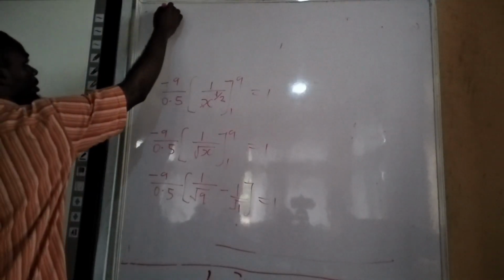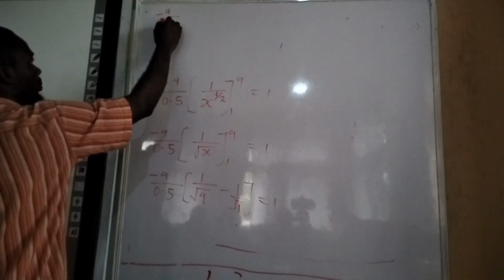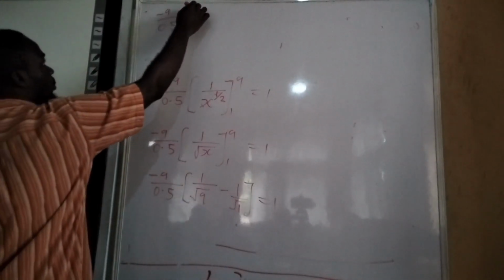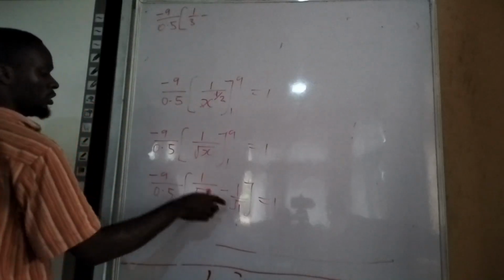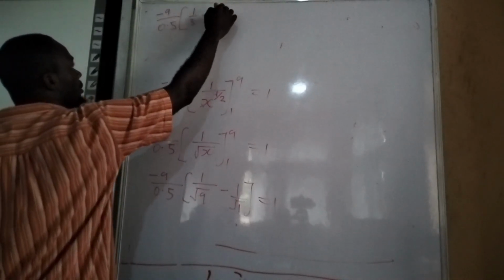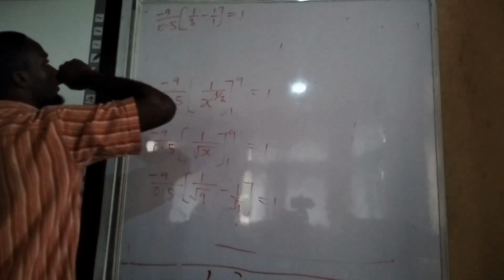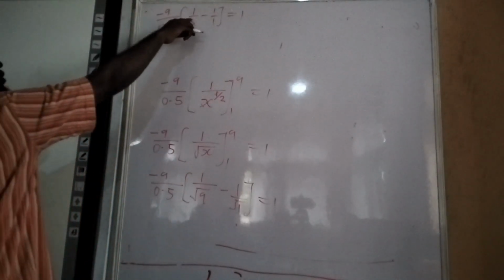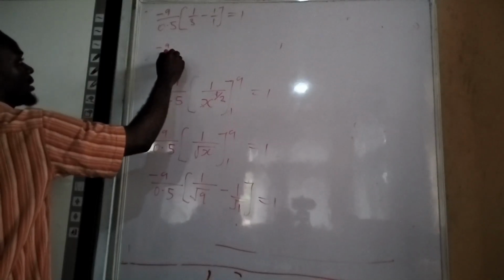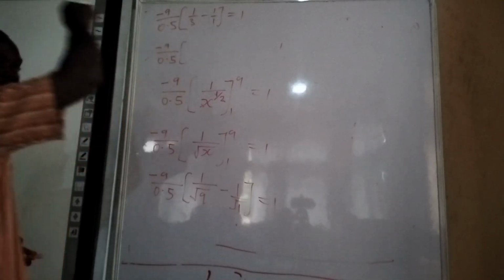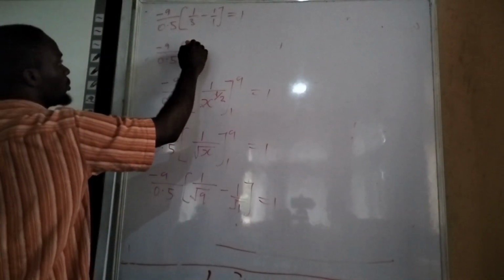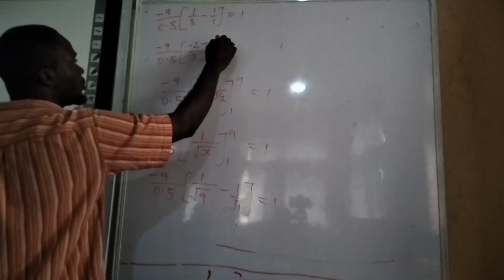Square root of 9 is 3, so 1 over 3 minus square root of 1, which is 1. So you punch 1 over 3 minus 1. See for yourself, 1 over 3 minus 1 is what? Minus 2 over 3 is equal to 1.